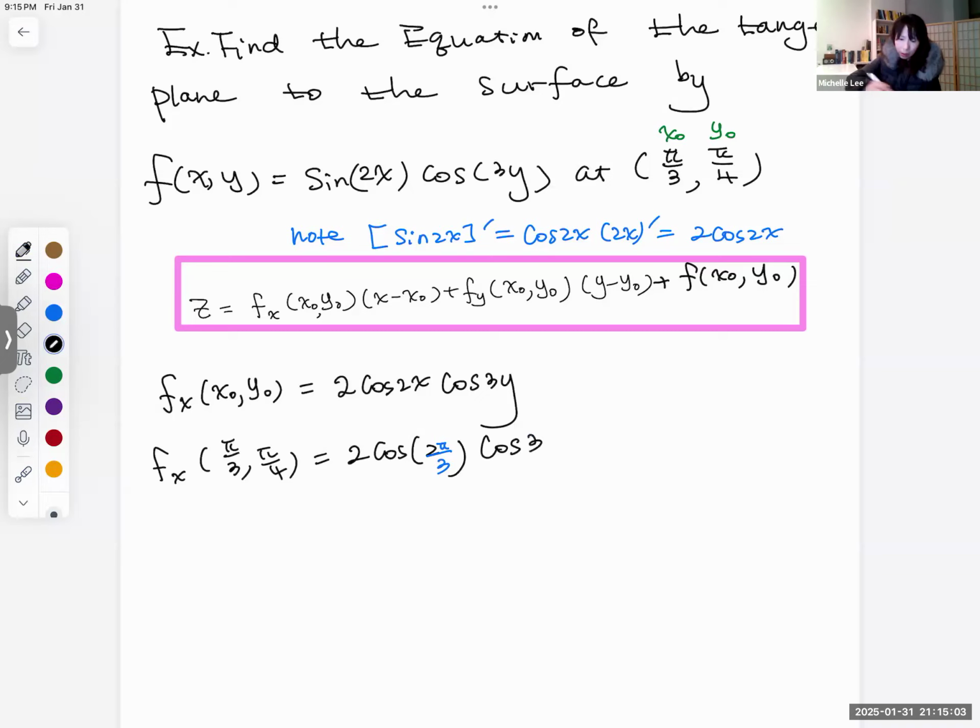And cosine 3 pi over 4. Okay, so what do you get for this one? Cosine 2 pi over 3, quadrant 2, so negative 1/2. So we have 2 times -1/2. And cosine 3 pi over 4, also quadrant 2, so negative square root of 2 over 2, right? Okay, then simplify.